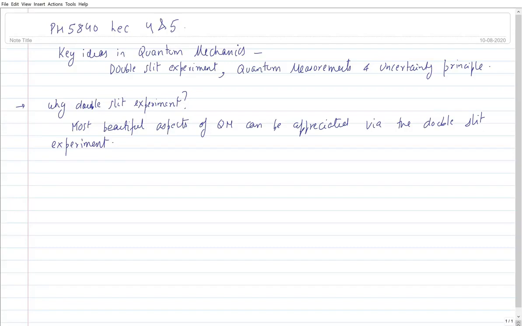We will also get glimpses of quantum cryptography.